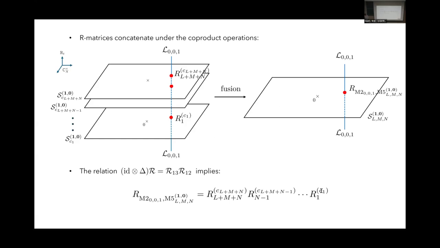Yeah, I really don't have time, so let me just explain that. This is the picture I view the factorization of R matrices. So you introduce M2 branes passing through all of the M5 branes, and you fuse these surface defects, then the resulting R matrix will be factorized into the individual R matrices on the left, and that's the factorization.